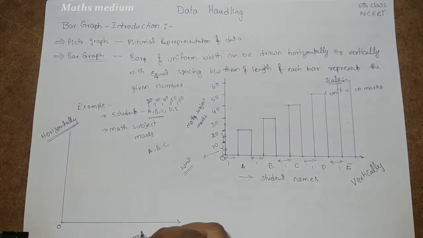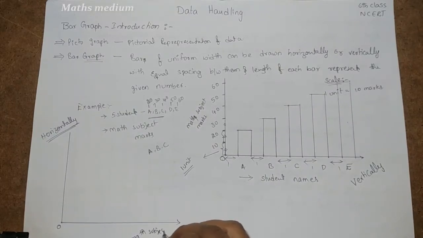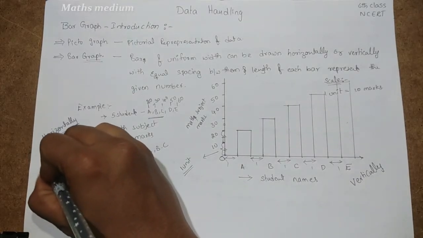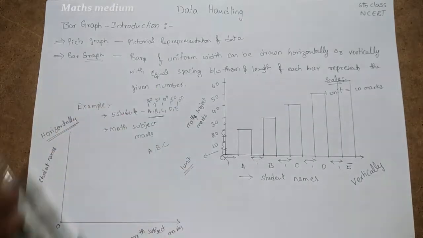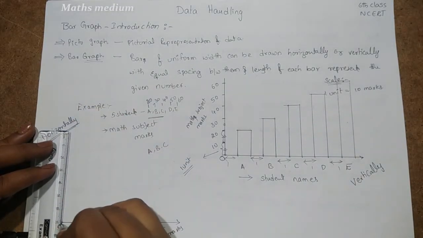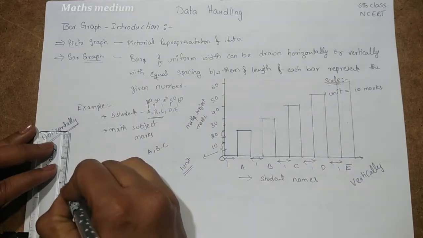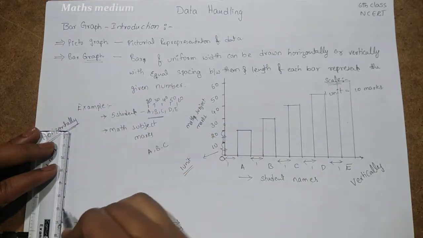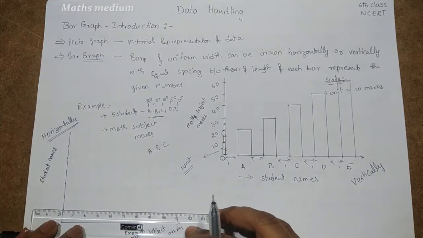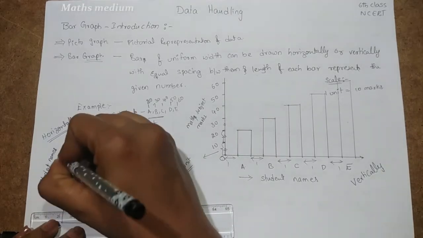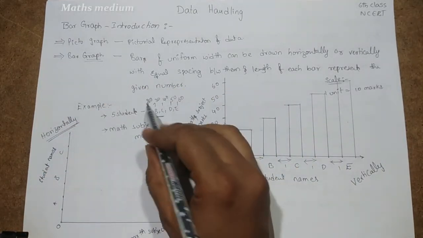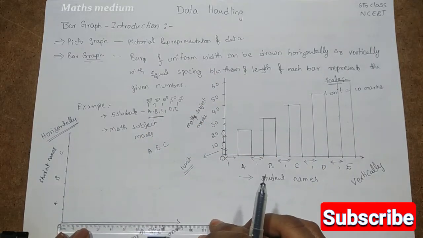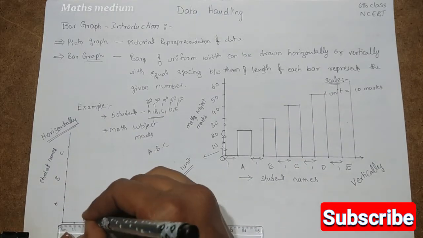This is the math subject marks, and this is going to be the student names, right? Now take space between each name, because the scale has equal lengths. Now this is A, this is B and this is finally C. Similarly take equal lengths on this axis also.